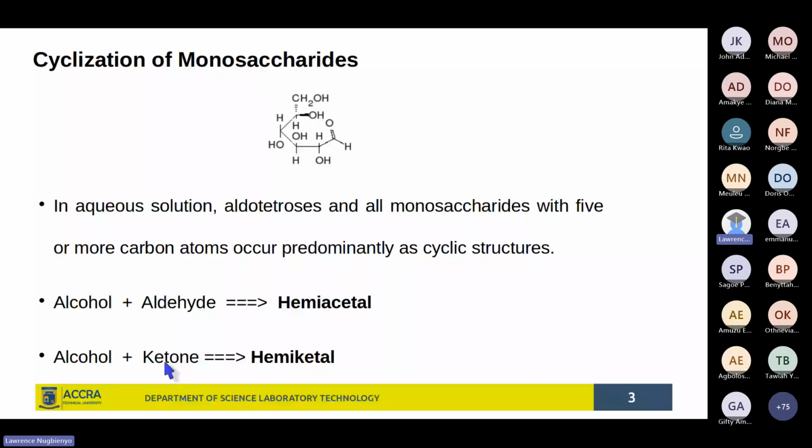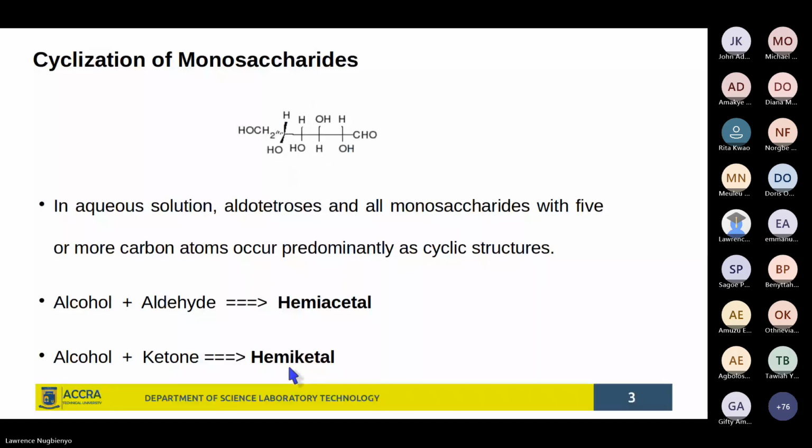So the ring structures that we see for the aldoses are actually hemiacetals, and those for the ketoses are hemiketals.